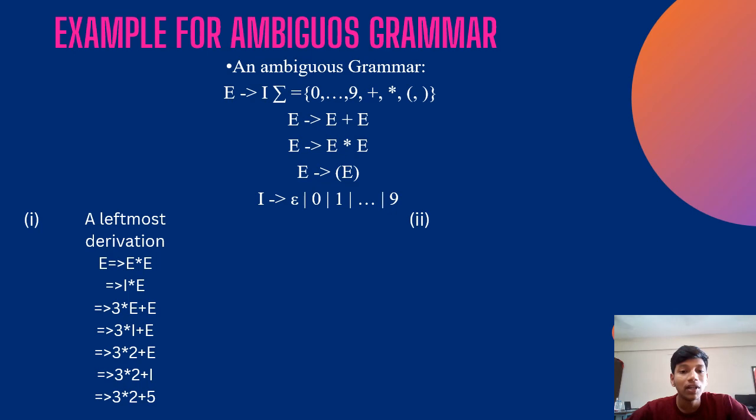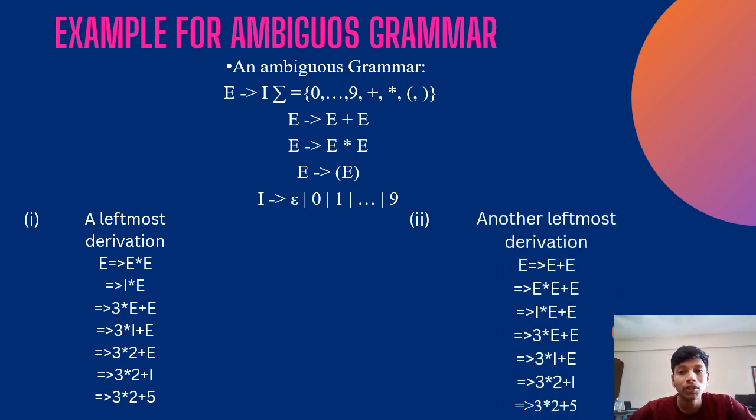First taking E equal to E into E, and now making the first E into I from the first production set, and next I into 3 from the first production set, and next E tends to E plus E. Now this E tends to I and the second E stays as E only, and again I tends to 2, E stays the same. 3 into 2 plus E tends to I, and finally I tends to 5. We made 3 into 2 plus 5 by using E into E first.